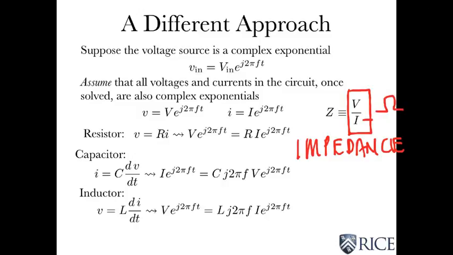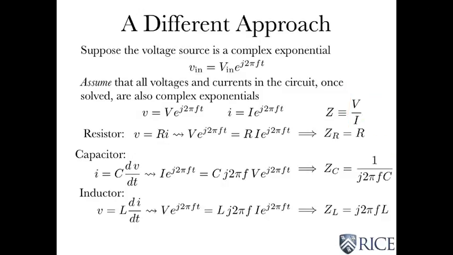However, for the capacitor and the inductor, they're complex valued. So the impedance of a resistor is just the resistance, but the impedance of the capacitor is 1 over j2πfC. The impedance of the inductor is j2πfL.